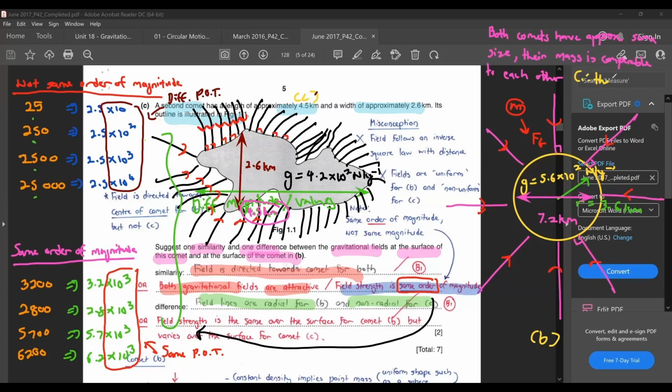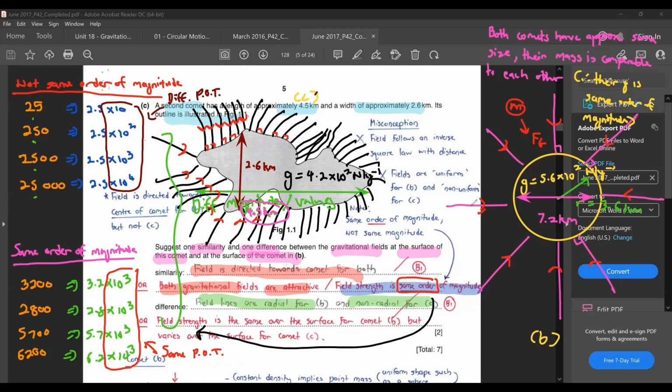Therefore, their G is same order of magnitude. Okay, the comets have about same size. Their masses obviously will be comparable to each other then, so their G will be same order of magnitude.